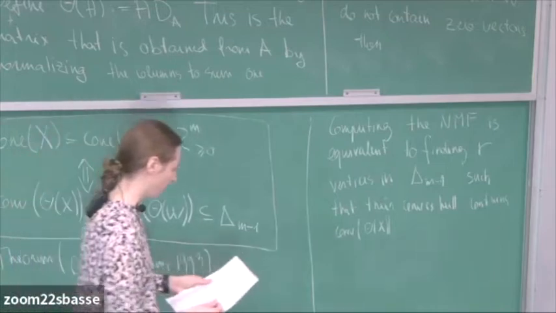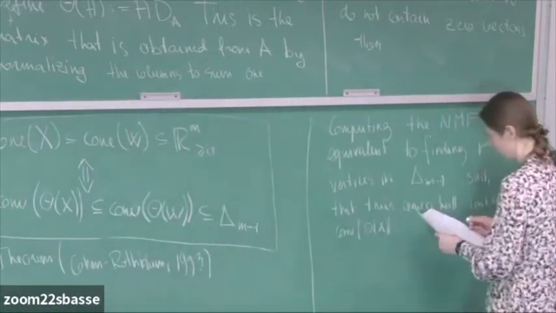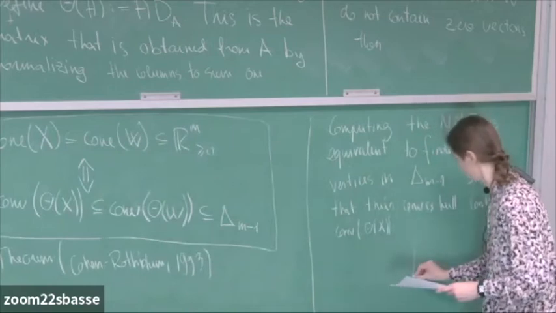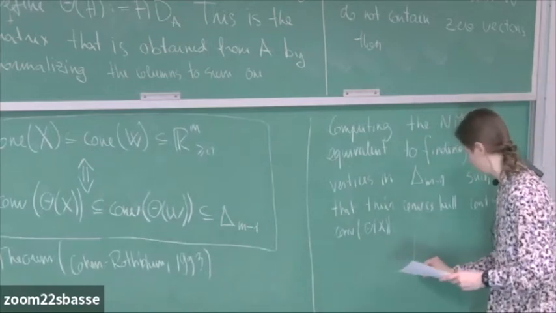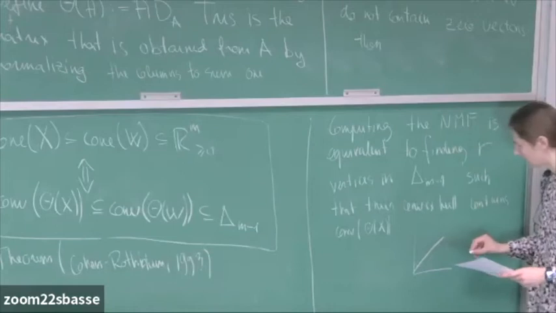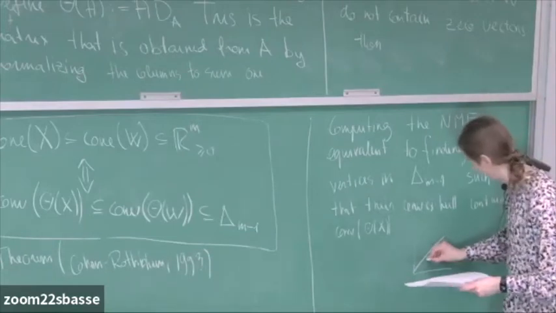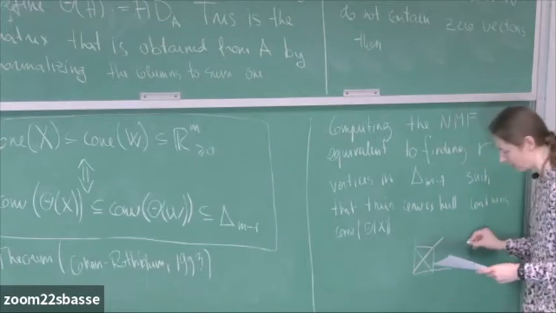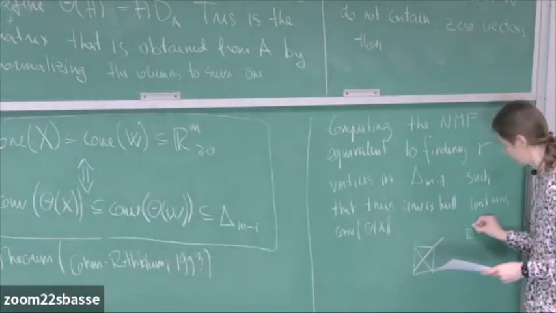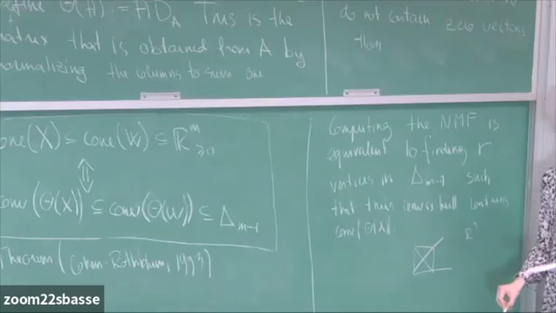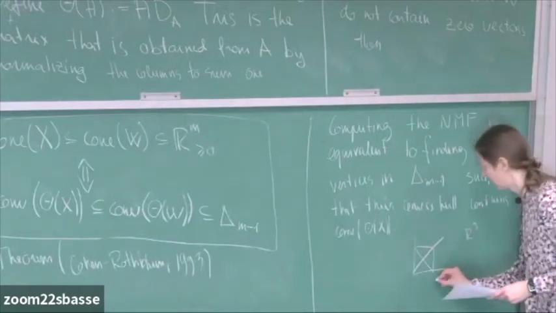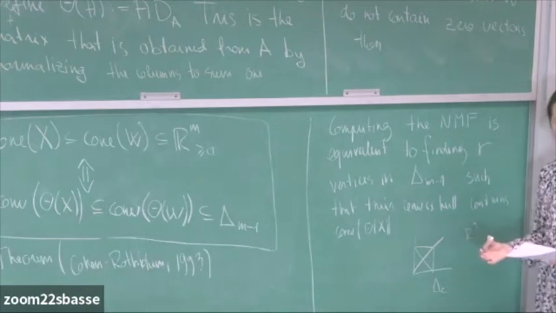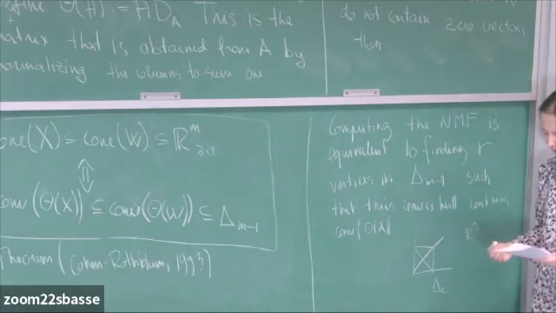Okay, let's do a picture. I'm not sure if you will be actually able to understand this picture. We are in R3. What I draw is the unit simplex, the delta 2. It lives in R3, but it's two-dimensional. It's a triangle.